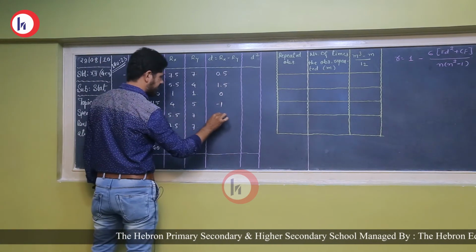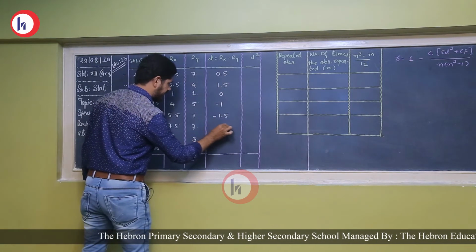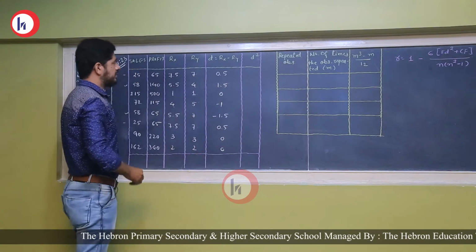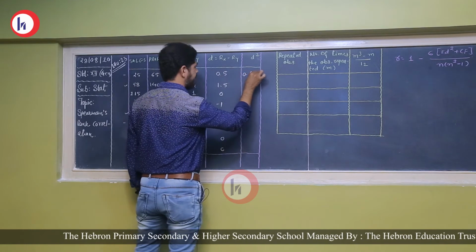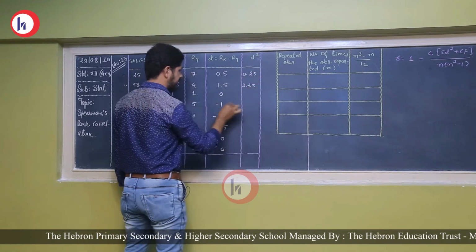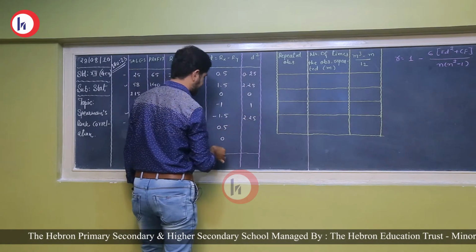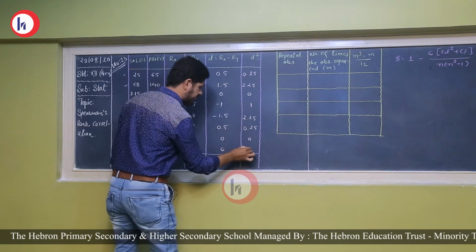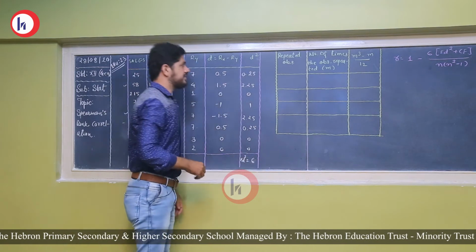And 1 minus 1.5, again that is minus 0.5, 0, 0. Now the square of 0.5 is 0.25, 1.5 squared is 2.25, then 0, 1, 2.25, 0.25, 0, 0. So the sum is 6.